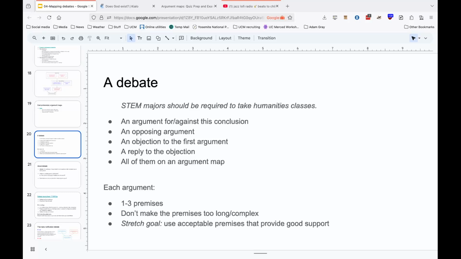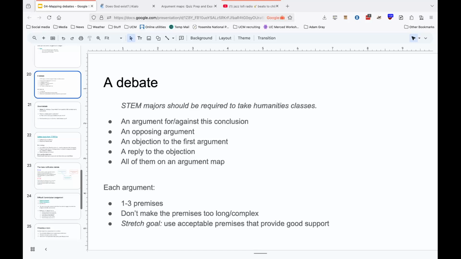So now, at the end last time, you all at your tables started working on this debate. The central claim here is STEM majors should not be required to take humanities classes. The task was first, as a group, pick a side. So you're not dividing into two sides, with one side pro and the other con.